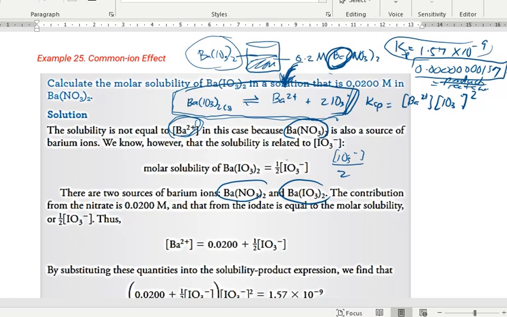So in this case, we now have two sources of barium ions.